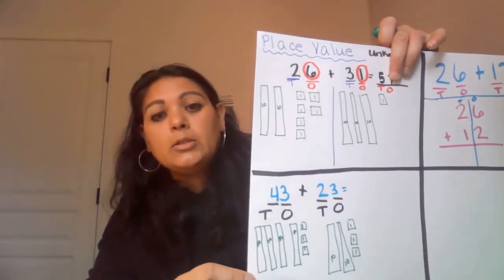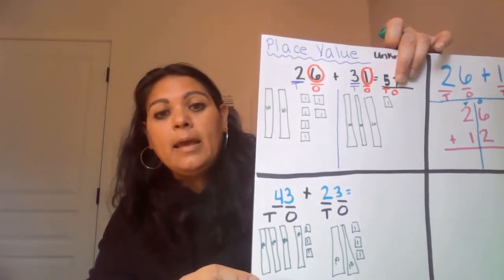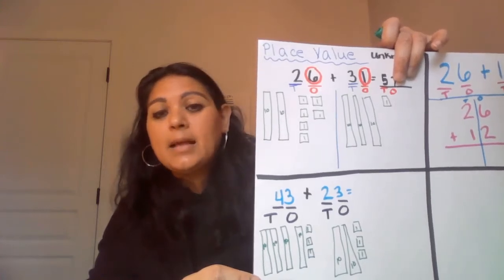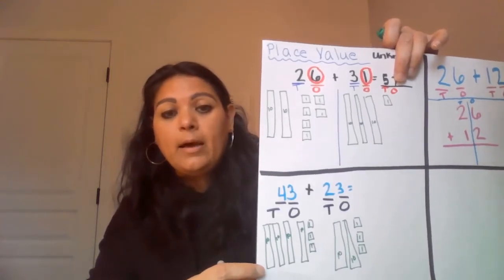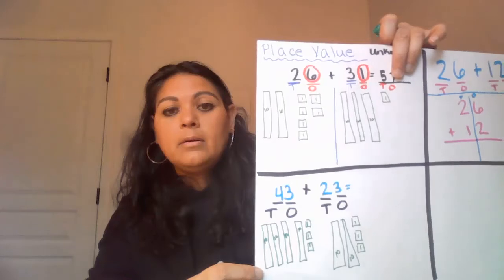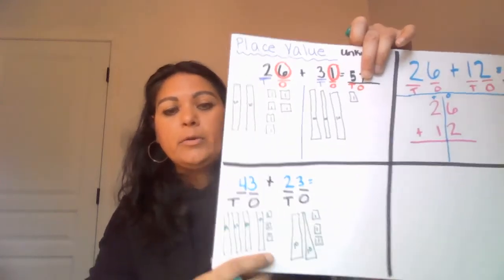Turn and talk to a buddy and tell me how many 10s I have all together. We can go ahead and count. Right, we have a group of 4 here and a group of 2, which makes 6. We have 6 groups of 10s with a value of 60.